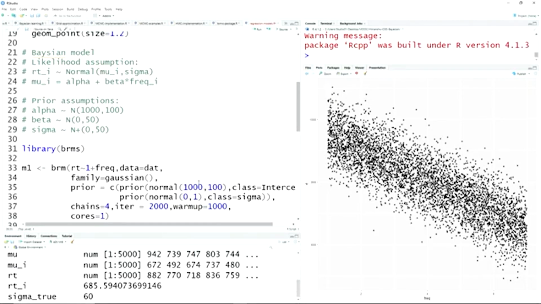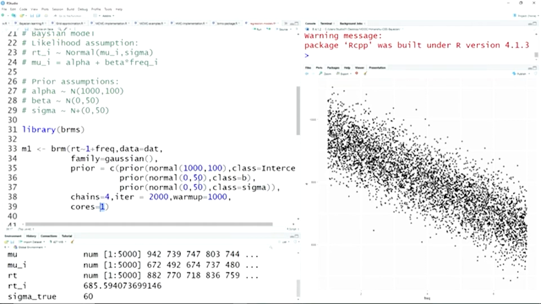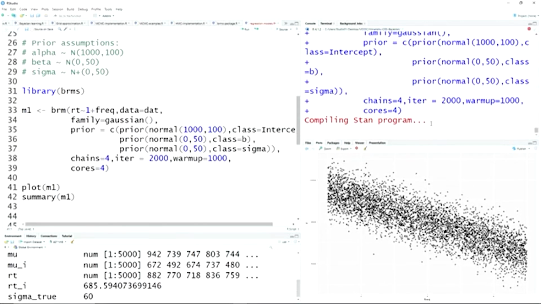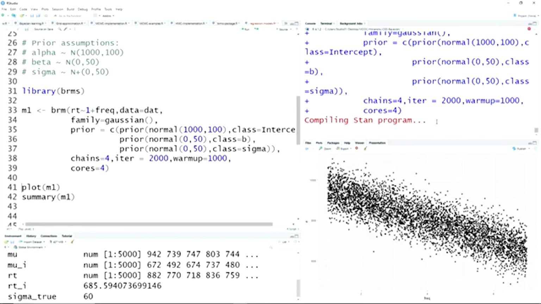Okay, now for parameter beta, normal 0, 50, class equals b. And now for parameter sigma, it's normal 0, 50, class equals sigma. Chains 3, iterations 2000, so let us fit this. So just some messages. It's compiling a Stan program.